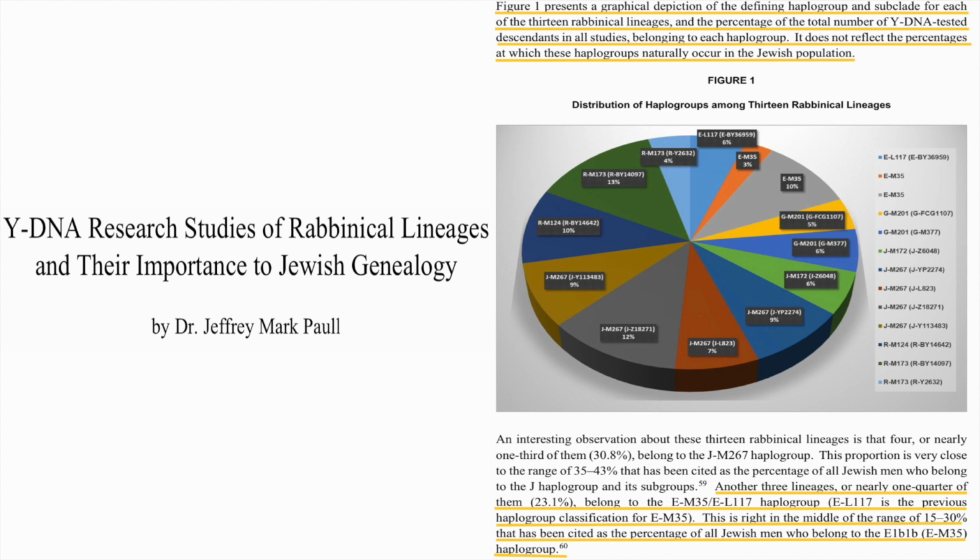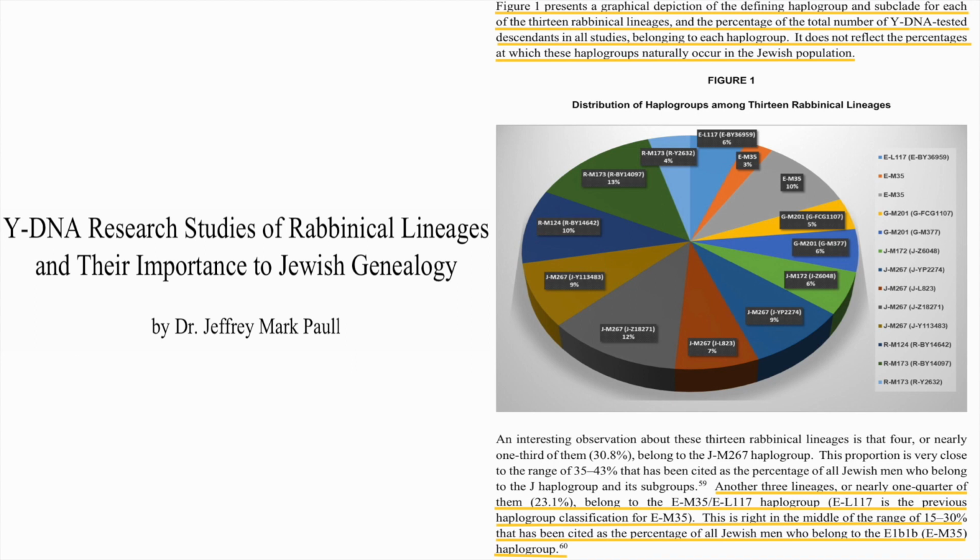Figure 1 presents a graphical depiction of the defining haplogroup and subclade for each of the 13 rabbinical lineages and the percentage of the total number of Y-DNA tested descendants in all studies belonging to each haplogroup. It does not reflect the percentages at which these haplogroups naturally occur in the Jewish population. Another 3 lineages, or nearly 1/4 of them, 23.1%, belong to the E-M35/E-L117 haplogroup.